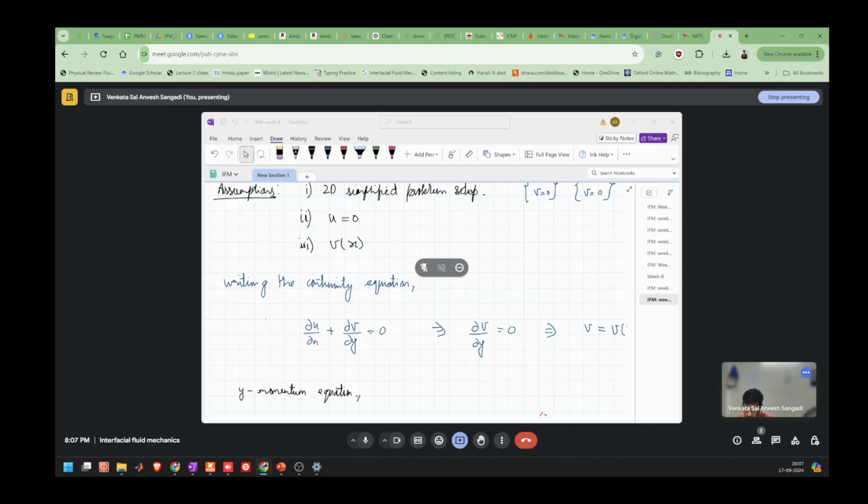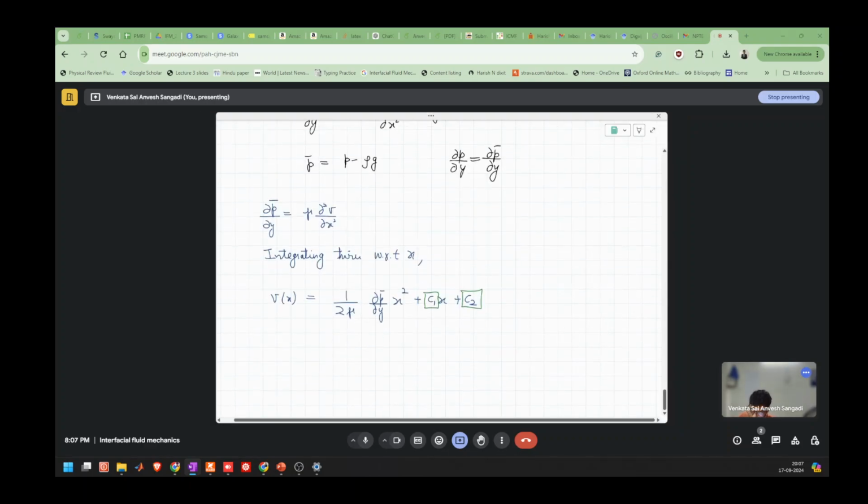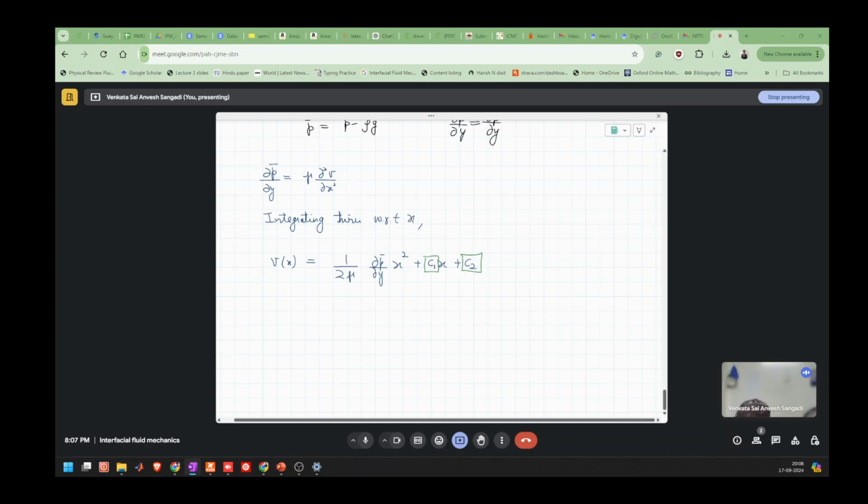Sorry for the interruption. Now we have the expression of v with two constants of integration c1 and c2.